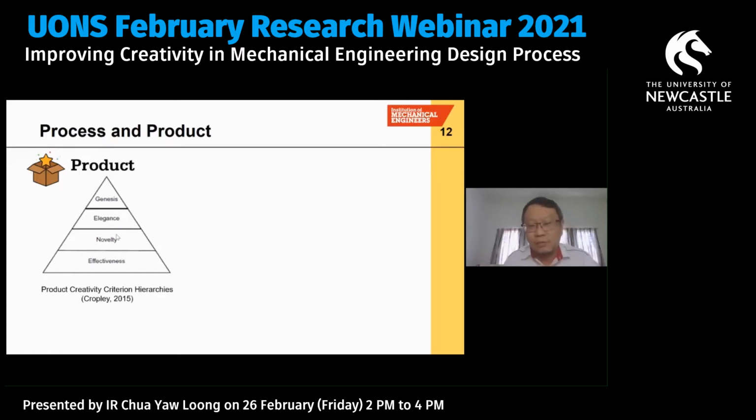According to Dr. David Cropley, this is when the solution or product you come up with is able to solve a fundamental problem that nobody even knew existed until this product came out. Oh, we have this fundamental problem, and we didn't even realize it existed. So that is the last criterion for a creative product. This is the definition and how we measure a creative product.